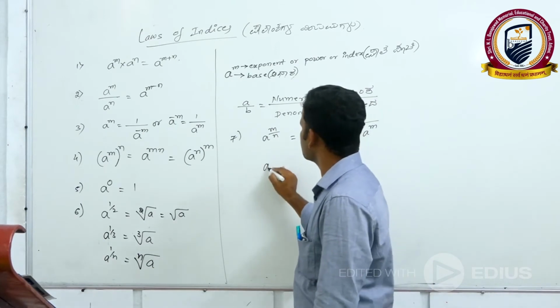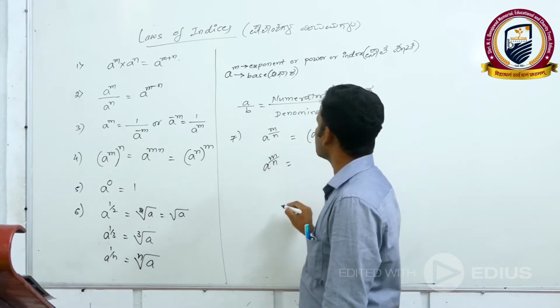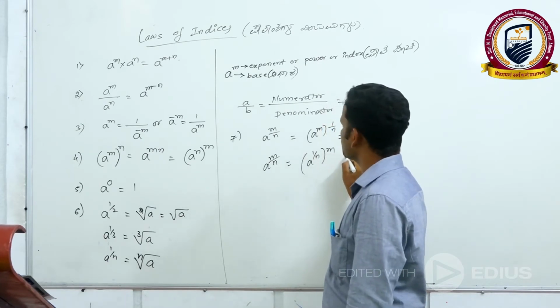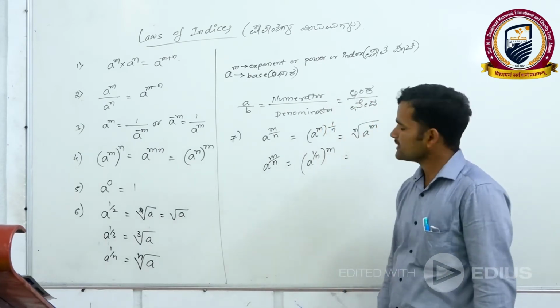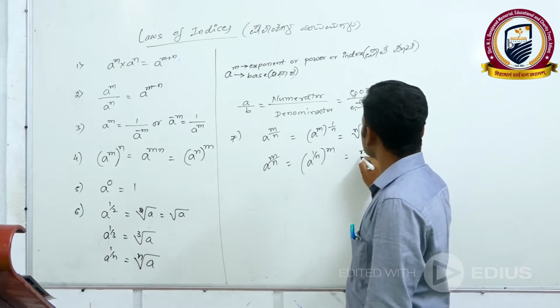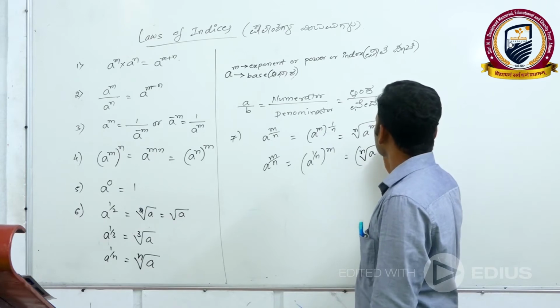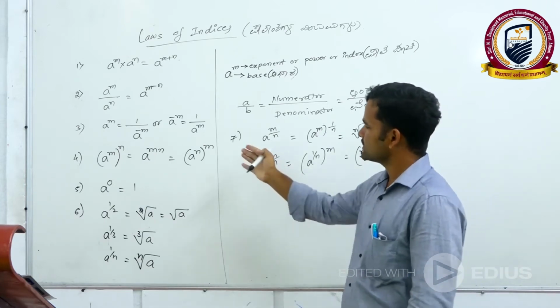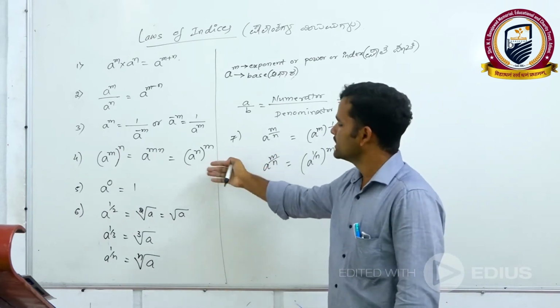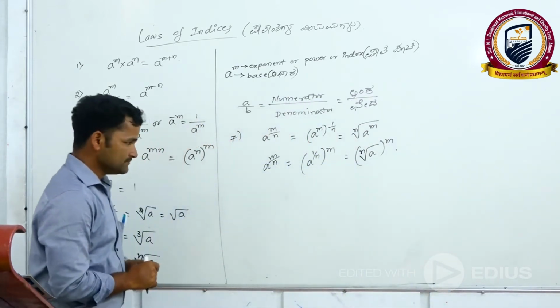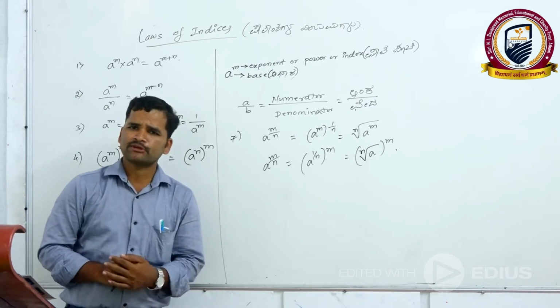Or a to the power of m by n can be written as a to the power of 1 by n whole to the power of m, which is the nth root of a whole to the power of m. So we are using this formula here. No need of taking this as a separate law. Fine. Let me take some problems on these laws.